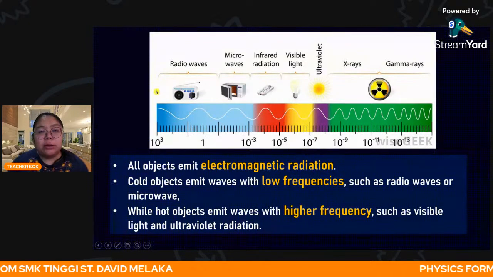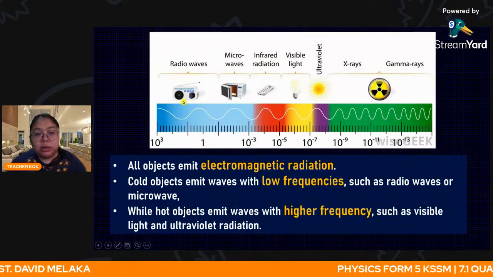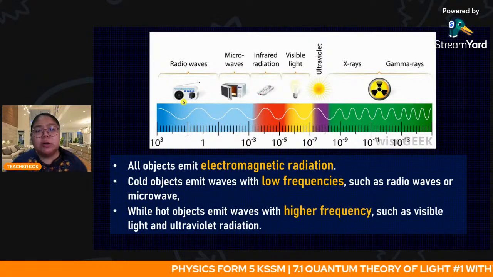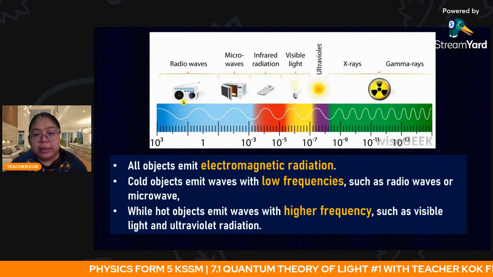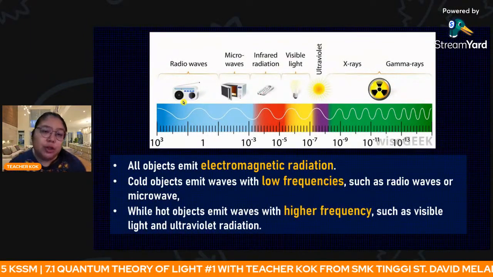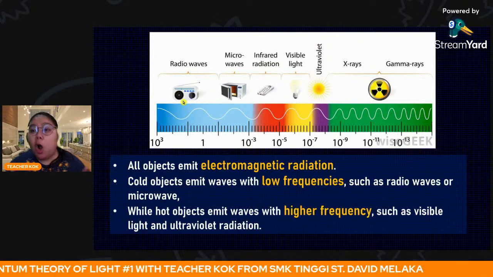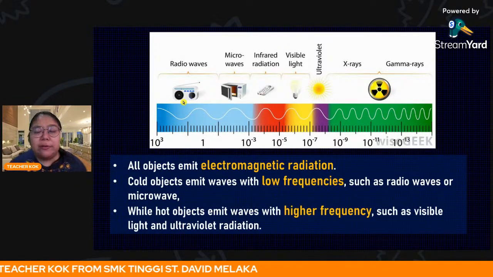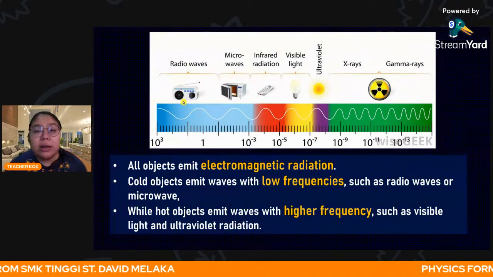And the bottom one should produce the cool wave. So that means temperature is also related to the spectrum. So you find the frequency becomes highest, that one should be the hot object. Then at the bottom, you find the frequency becomes the smallest.